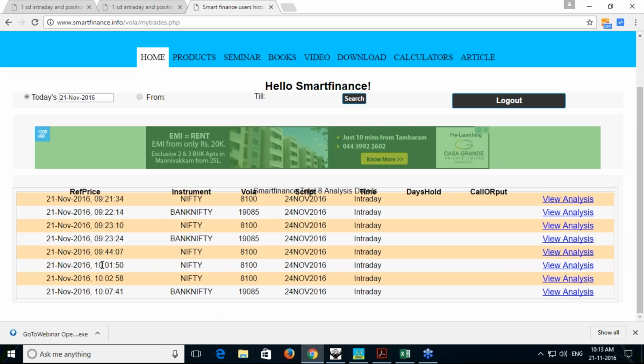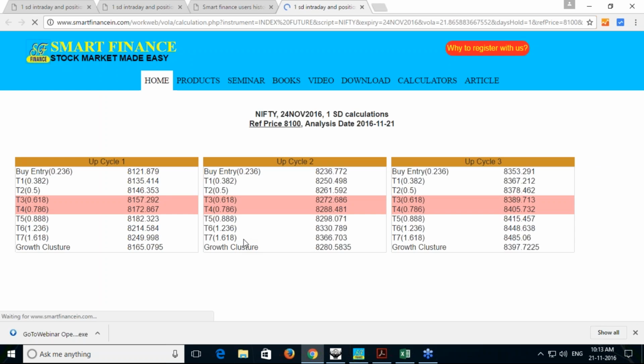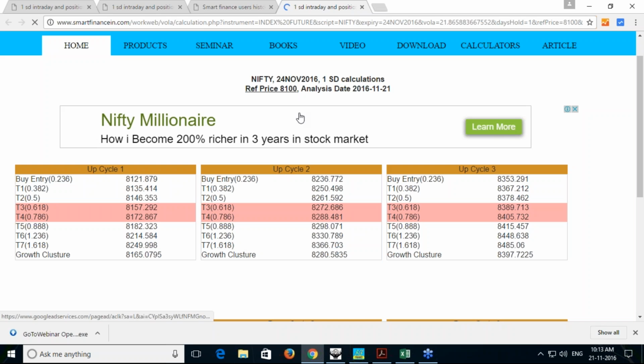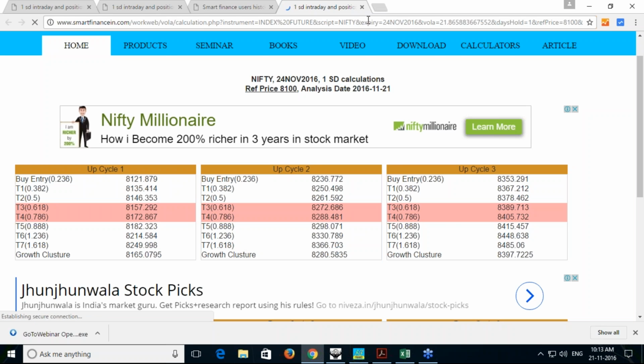So 10 o'clock, 9:44, 9:23, all these times whenever I did this analysis, I can find out, and you can also view this analysis here. Whatever analysis we have done on that particular day, we are able to view that also.